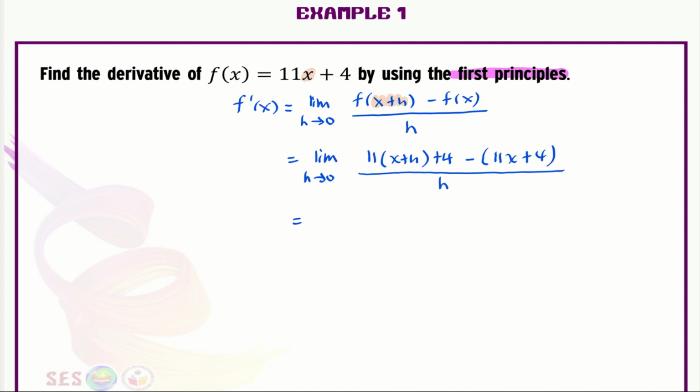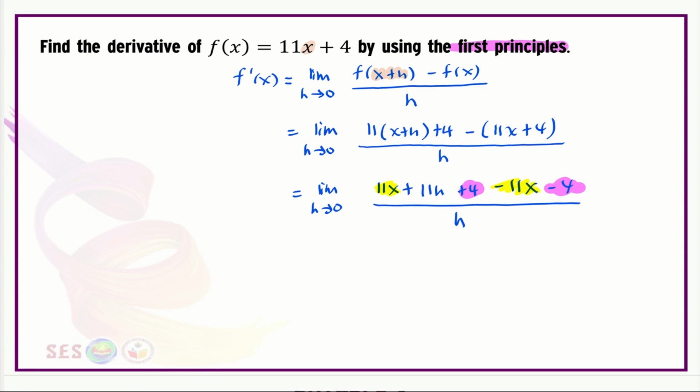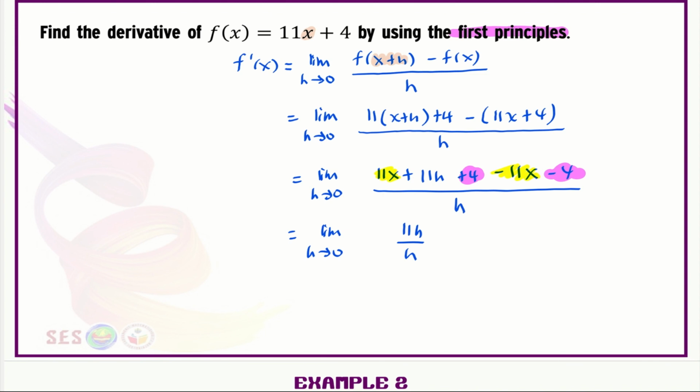Let us expand the numerator a little bit. We have the limit of 11x plus 11h plus 4 minus 11x minus 4, divided by h. As you can see, this 11x cancels out with this 11x because it turns out to be 0, and 4 take away 4 also gives 0. Which leaves us with 11h over h, and that h can be cancelled out.